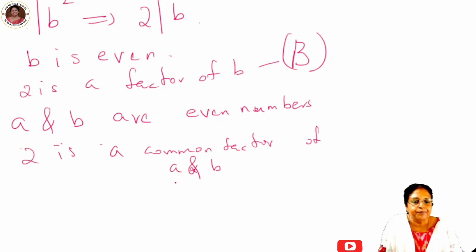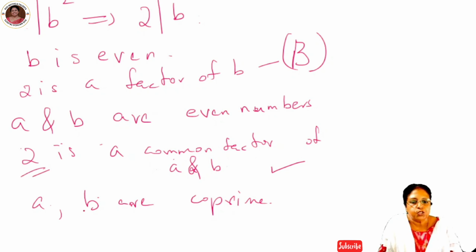That means we are getting a contradiction. We started with a and b are coprime. That is what we started. But here we are getting a and b have a common factor, and that is 2. So we are getting a contradiction here.